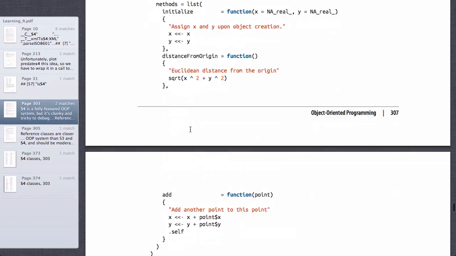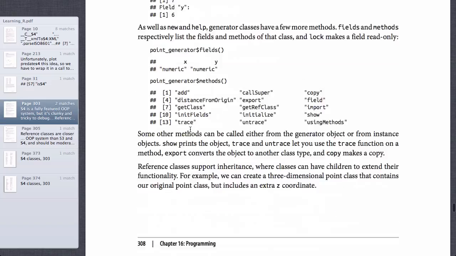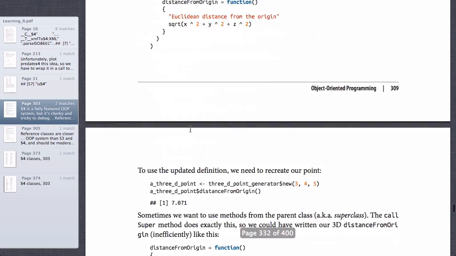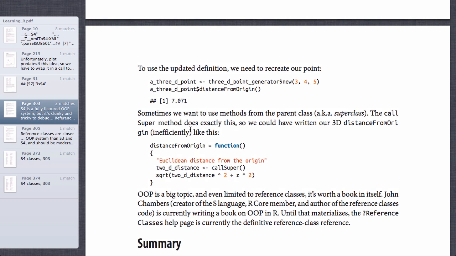He actually gives more on reference classes than he does S3. So I think that this may be promising as we move forward, but right now it's probably premature to be teaching reference classes. I just want you to know that reference classes may start replacing S4 classes, particularly if there's an easy way to transition from S4 to reference classes.